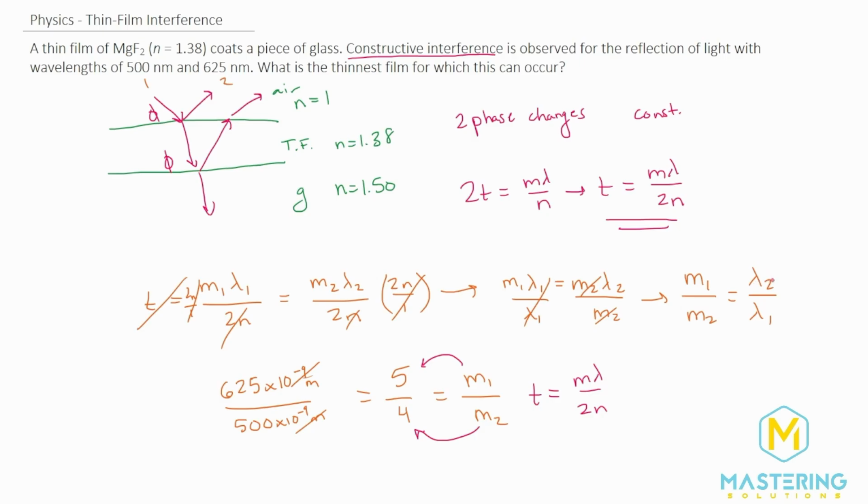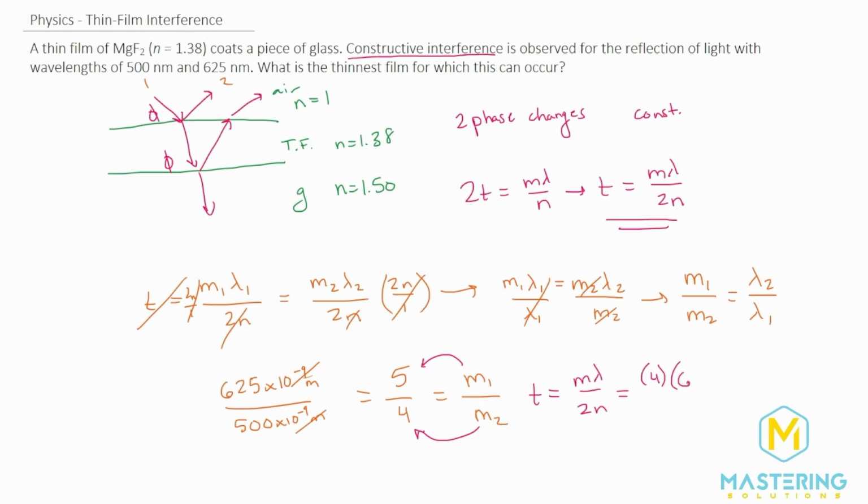Now over here we had lambda 2, so they're across. So the 625 will be with the 4th order and the 500 will be with the 5th order. I think I might have said that backwards earlier. So we're going to use the 4th order m for 625, or 5th if you want to use the 500.